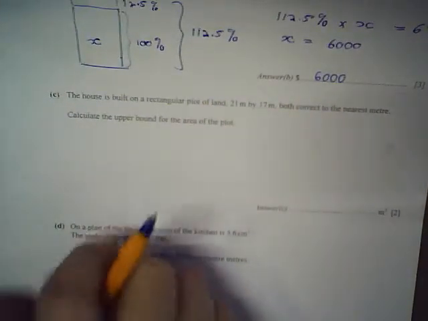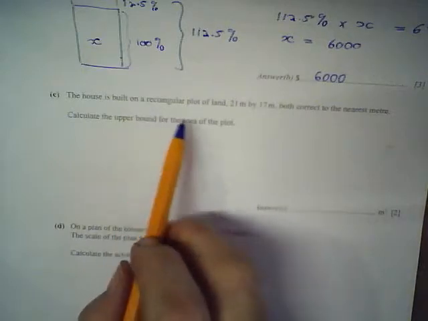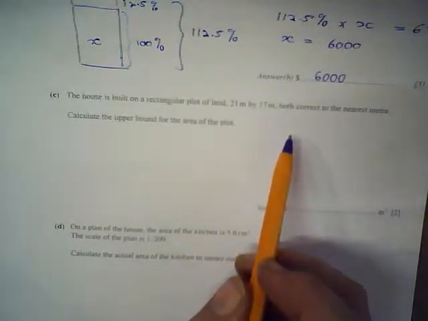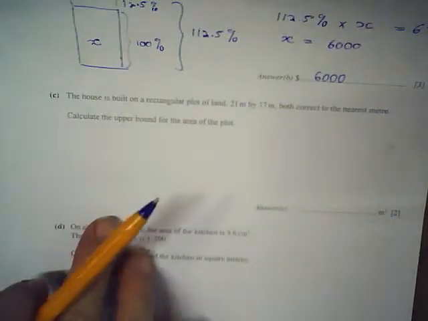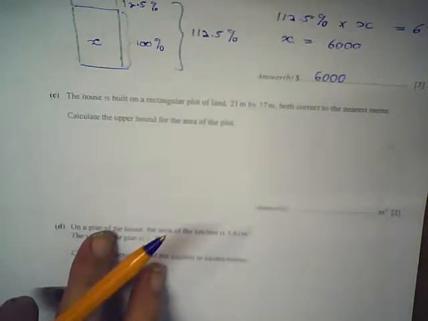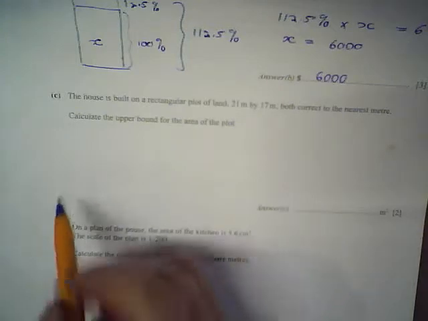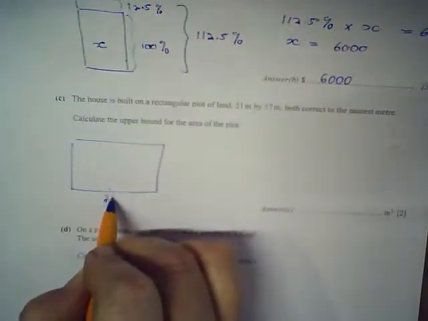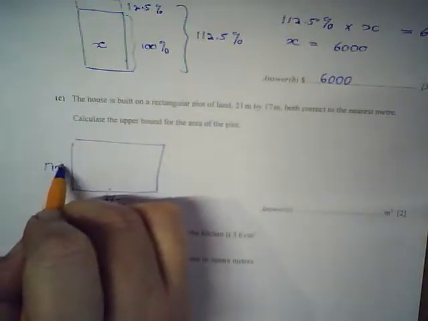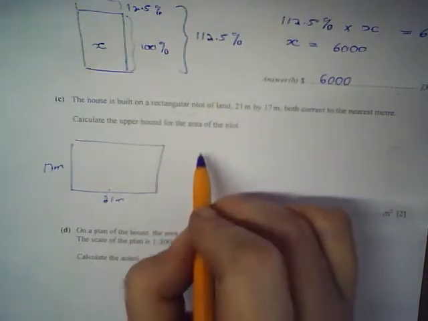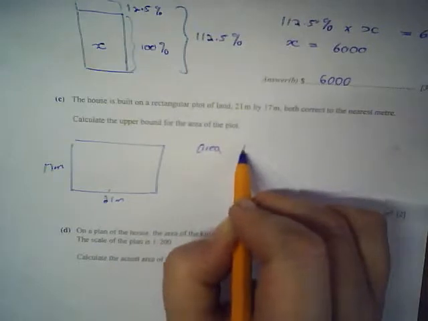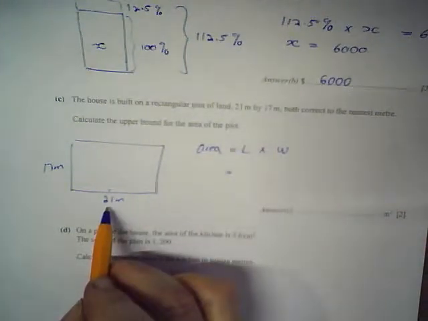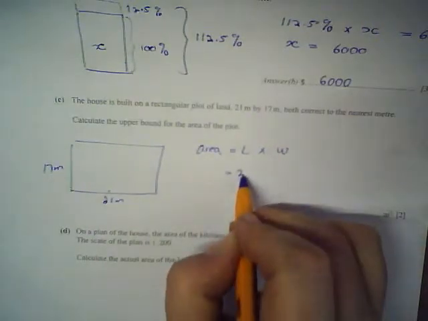The house is built on a rectangular plot of land, 21 meters by 17 meters, both correct to the nearest meter. Calculate the upper bound of an area. Okay, so we have a plot of land, and that is 21 meters, that is 17 meters. We want to find the area, so area we know is length times width. What is the upper bound of 21?